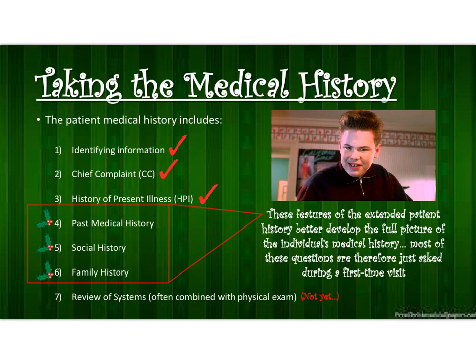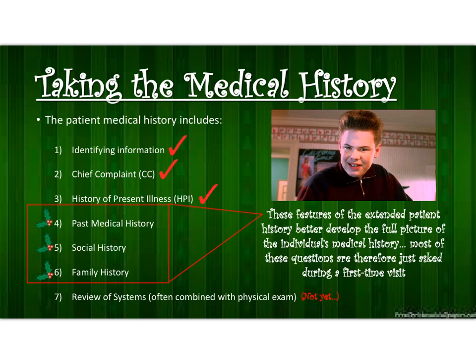All right, so we accomplished the first three parts of this before. Identifying information, chief complaint, and history of present illness, everything about why the patient is there on that day. What we still have to cover then is those extended features that give you a better picture of the person as a whole.